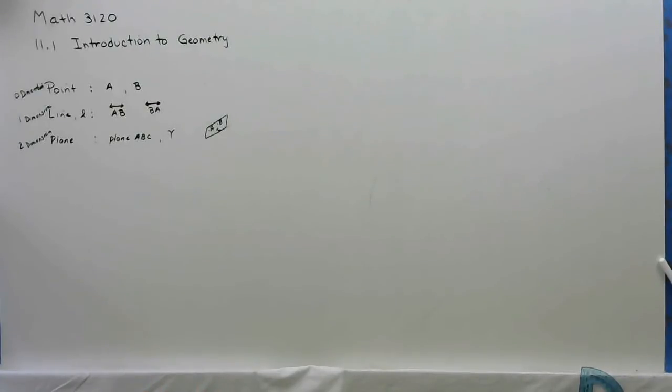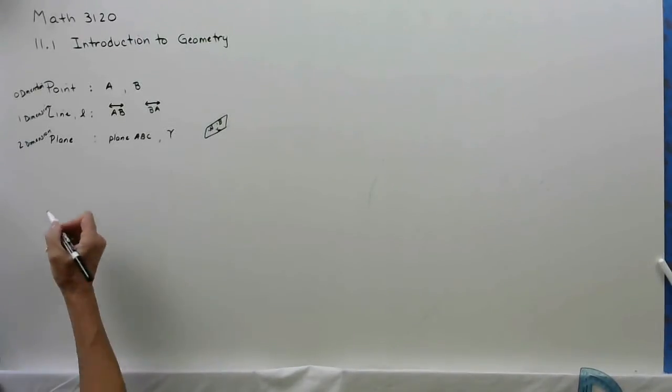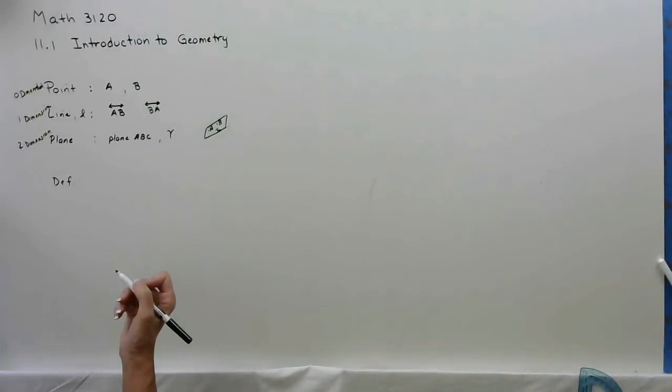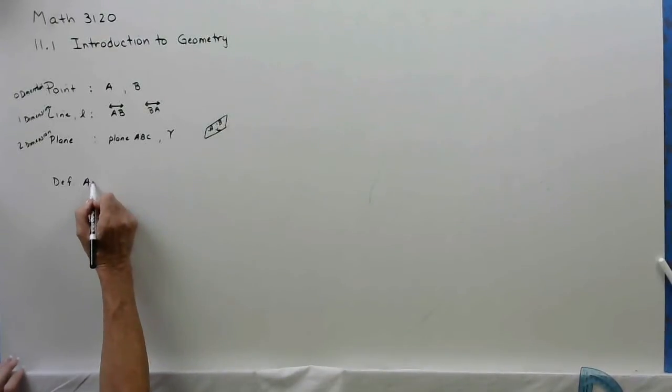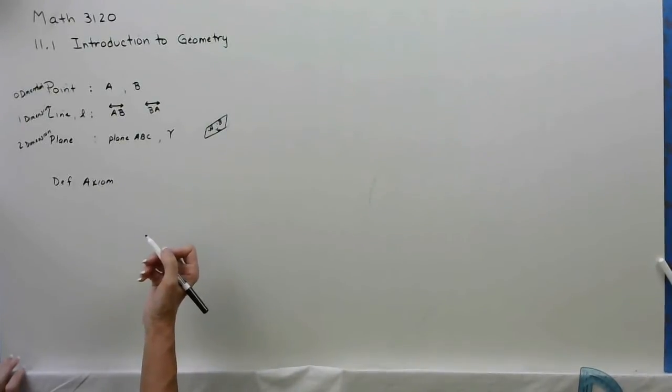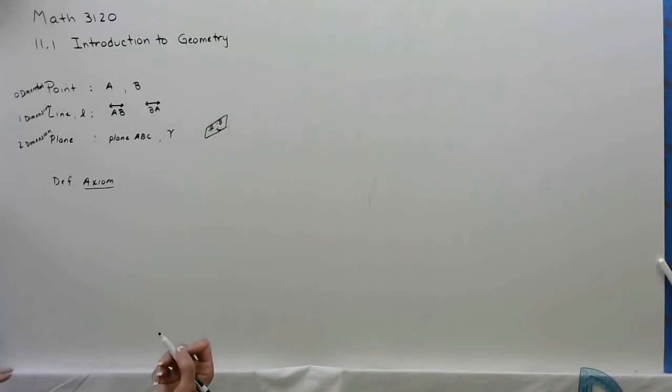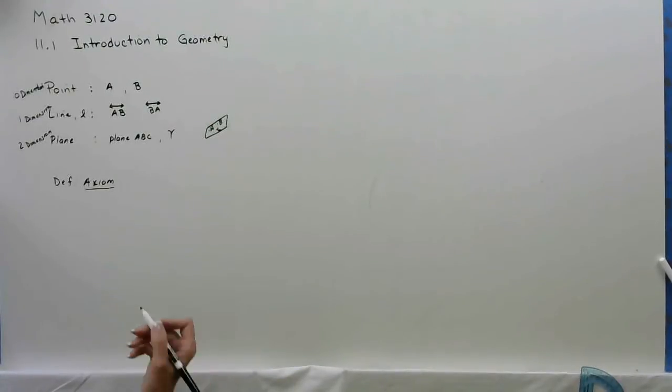All right. So as we talk through a lot of this vocabulary, we're going to look at differences between, for example, you might hear something called an axiom or a postulate. An axiom is a statement which cannot be proven. We assume that it's true.